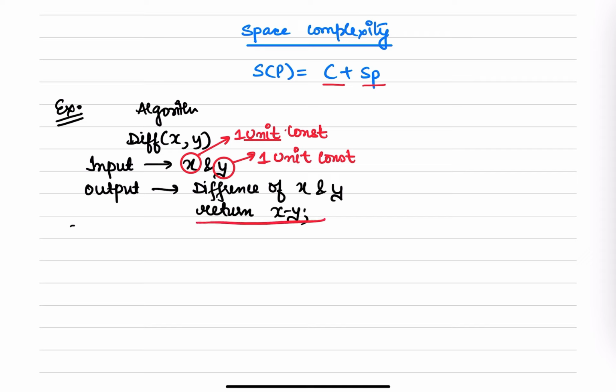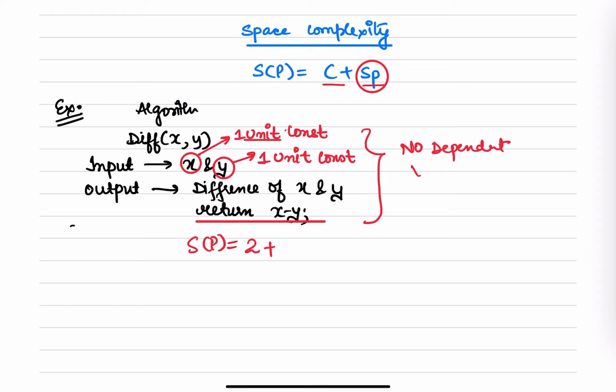Now you are directly returning it. So how many units of constant space do you have? S of P is equal to 2 units of constant space plus, do we have an auxiliary part here? No. There is no dependent variable, or we don't need any extra space for this algorithm to work. So this becomes 0.